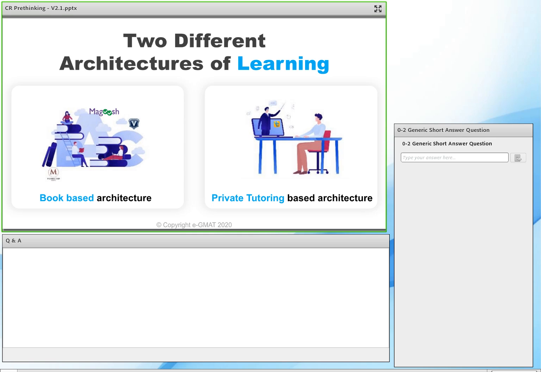And at e-GMAT, we've always followed this private tutoring-based architecture, whereas most courses follow the book-based architecture. And because last year we actually started what I call a second generation of private tutoring architecture, we've actually had some disproportionate results when it comes to success.